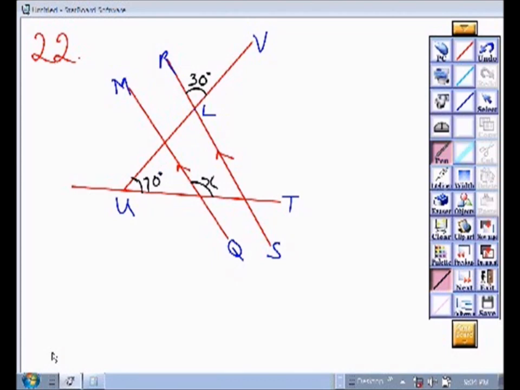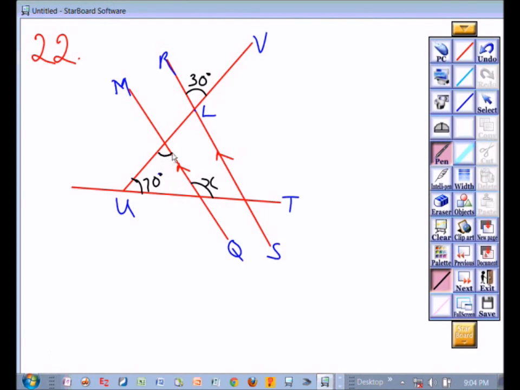Having drawn the diagram, we have this place labeled angle A, and the other angle there will be A, as we have said before, and therefore we write A is equal to 30 degrees, because A and 30 degrees are corresponding angles.